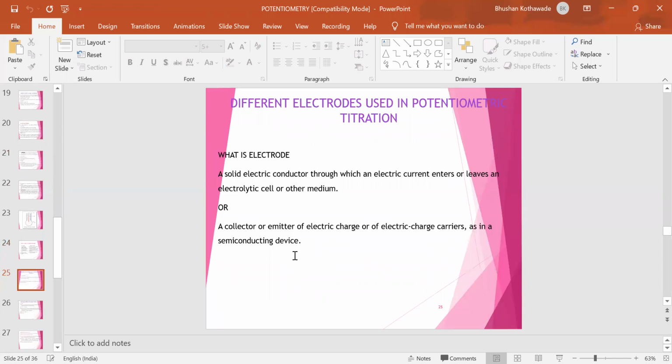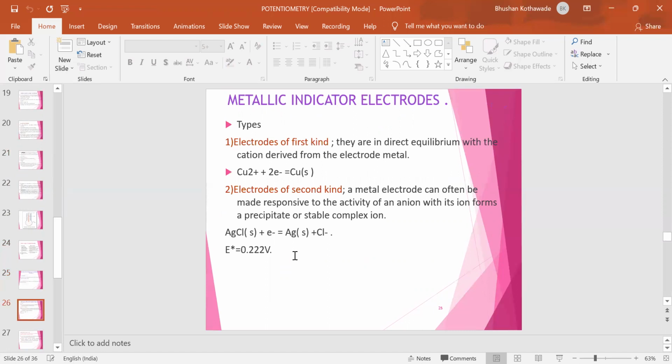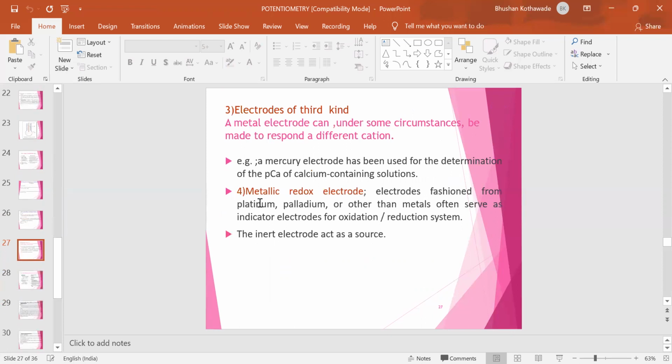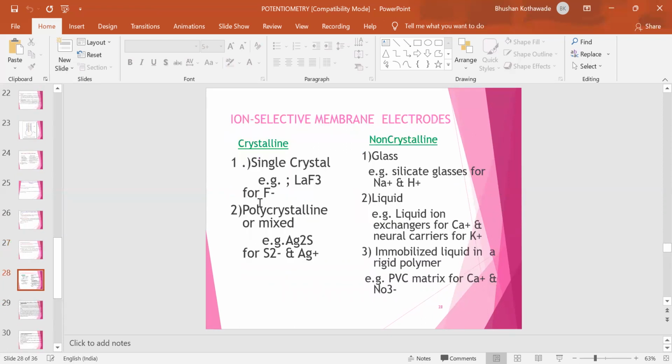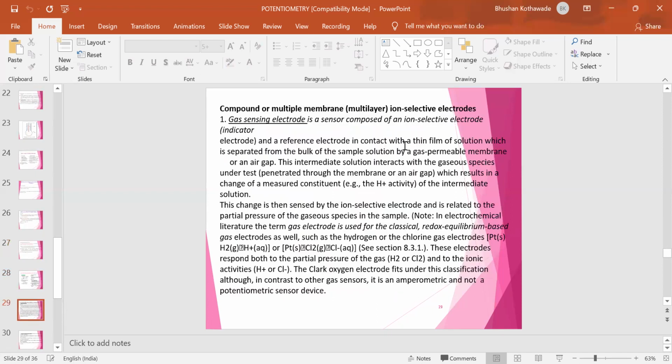Different electrodes that we have now covered. Metallic indicator electrodes are also used in potentiometry. Electrodes of the first kind, second kind, third kind, and metallic redox electrodes are also used here. Ion selective membrane electrodes are also used in potentiometry. The glass sensing electrode is an ion sensitive electrode, so that it is sensitive to a particular ion only, for example, H plus ions only.